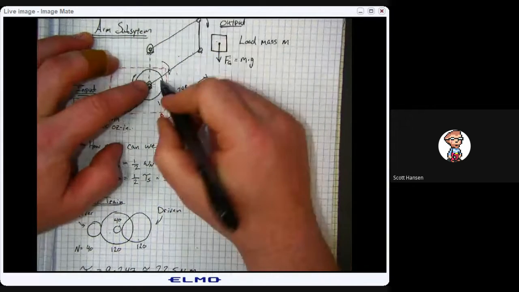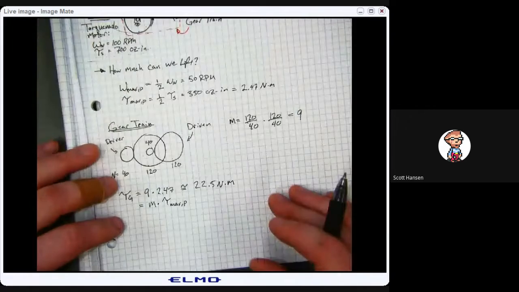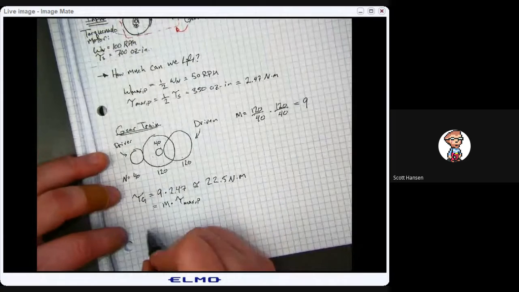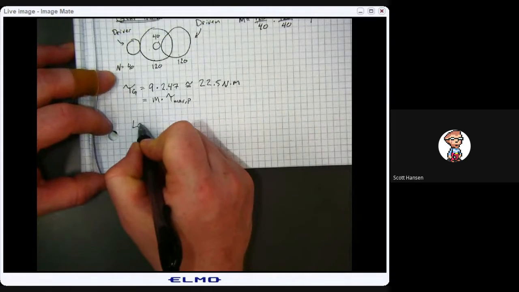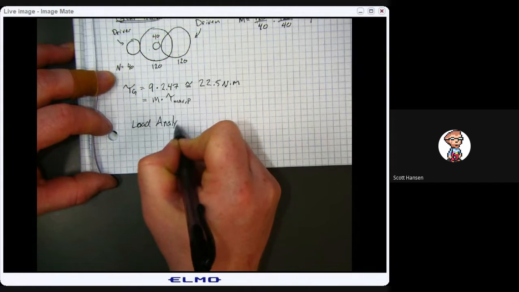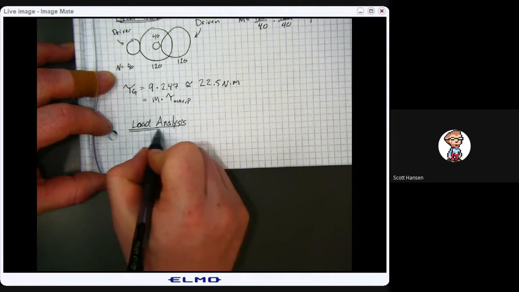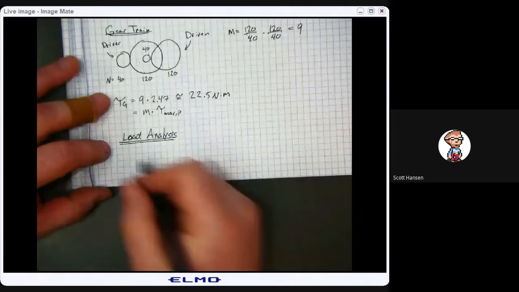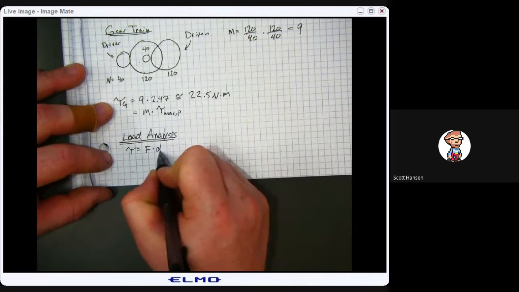And so the torque that this force generates on this load, let me move down here and call this load analysis. So we know in general torque is equal to force times a distance.